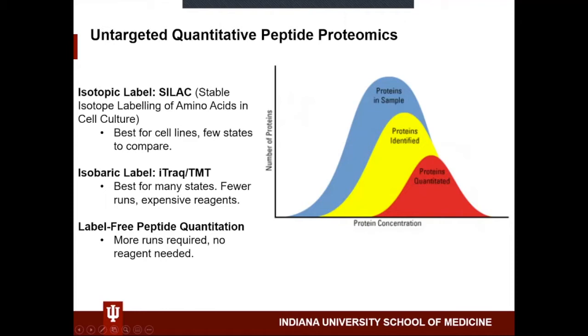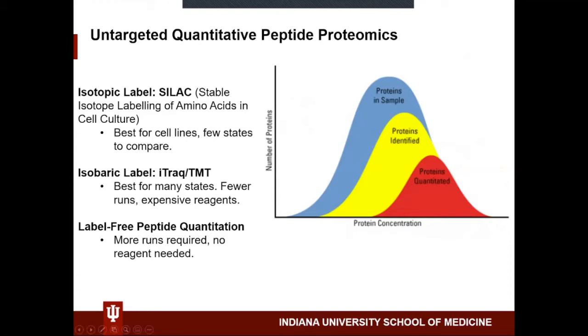We have a few slides coming up about how, if your protein of interest is in the sample but in a really low concentration, you're going to have difficulty possibly identifying it and definitely quantitating it. So if you can change the distribution of proteins or peptides in your sample to favor your protein or peptide of interest, that's something you should do before it gets to the mass spec, essentially.